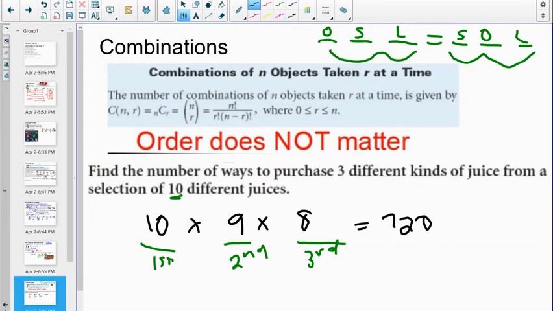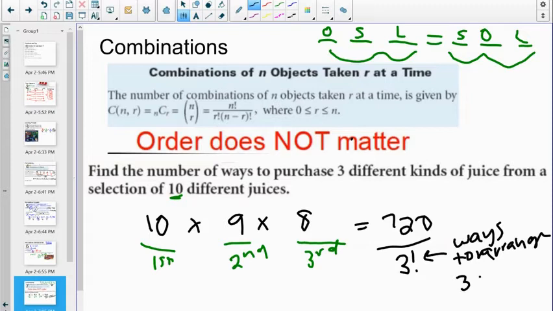But with the fact that order doesn't matter, we have to divide by the number of ways we can arrange those 3 juices, and that would just be 3 factorial. If it was 4 juices, then you would have 4 factorial down there. So these are the ways to arrange the 3 juices, and that is going to get you to 120 different ways.